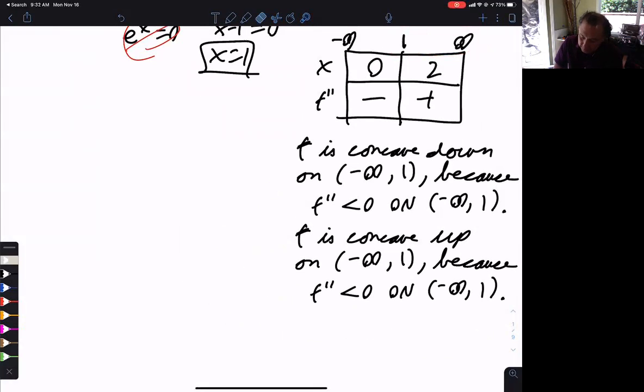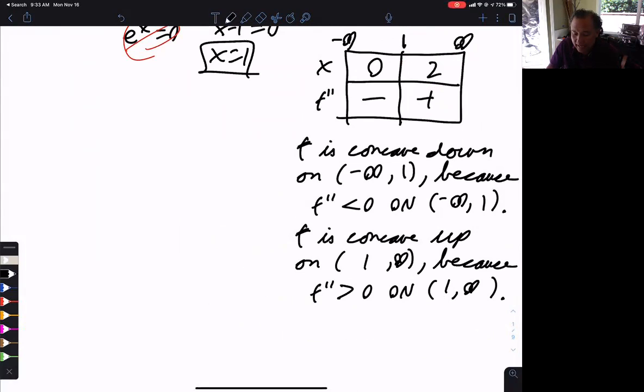I'm going to change that interval to 1 to infinity. And the reason is the second derivative is positive on that region, positive everywhere from 1 to infinity. So that would be the regions of concave up, the regions of concave down, and the justification with it.